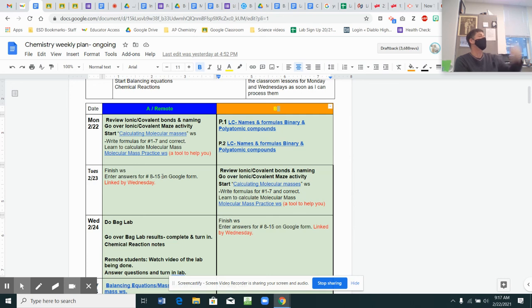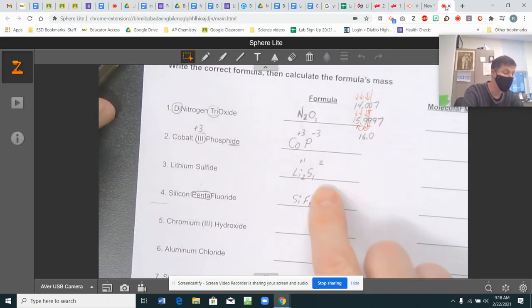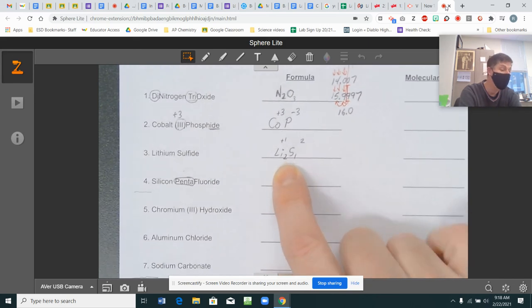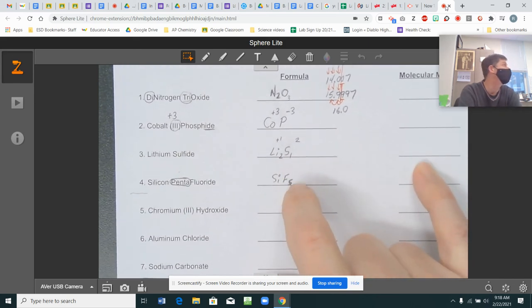Now, if your formula is not right, are you going to get the correct mass? You can't. That's why we stressed getting the correct formulas. If you had written this as just LiS, you would get a mass, but it's not the correct formula, so your mass would be wrong.